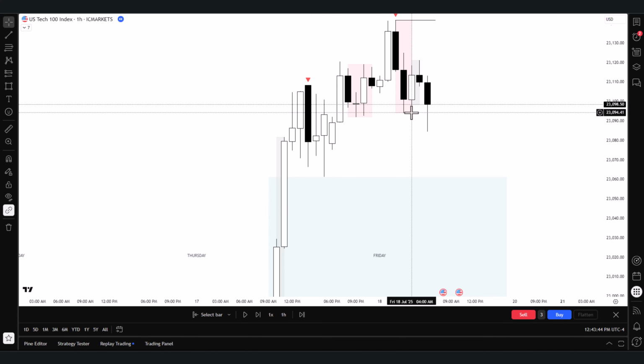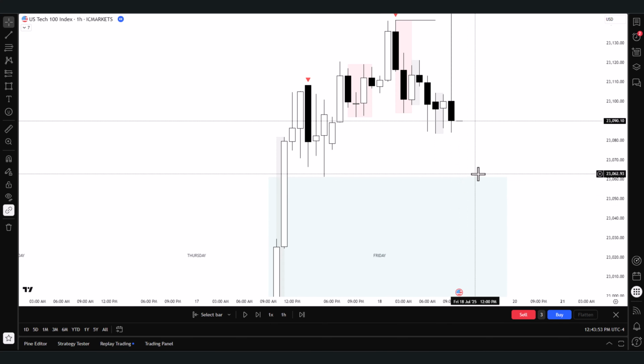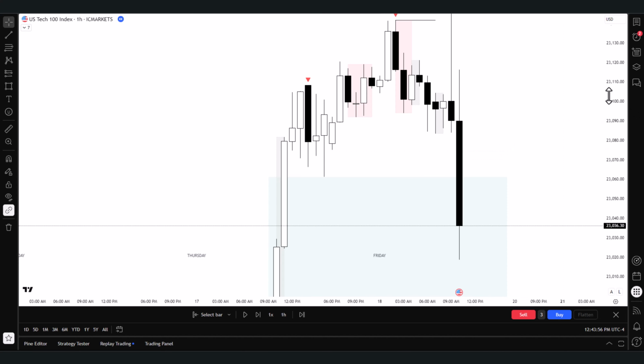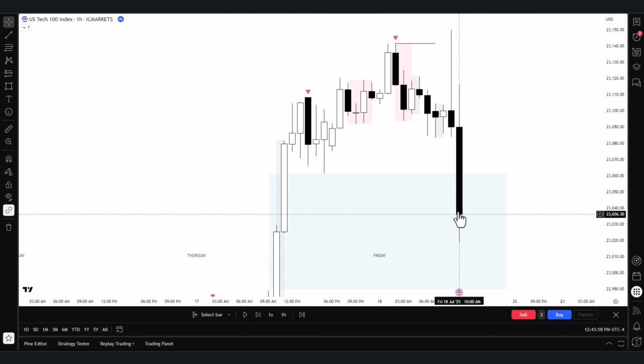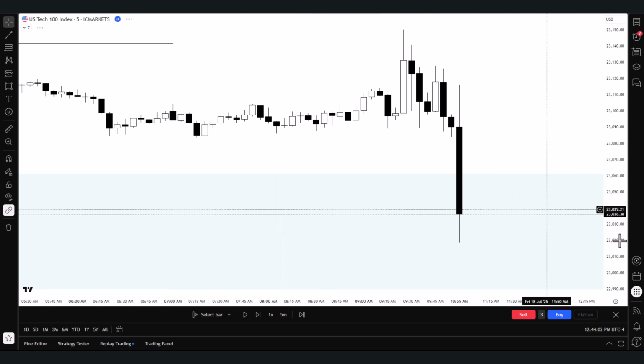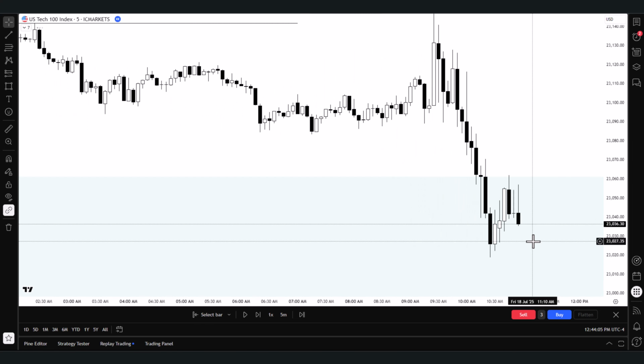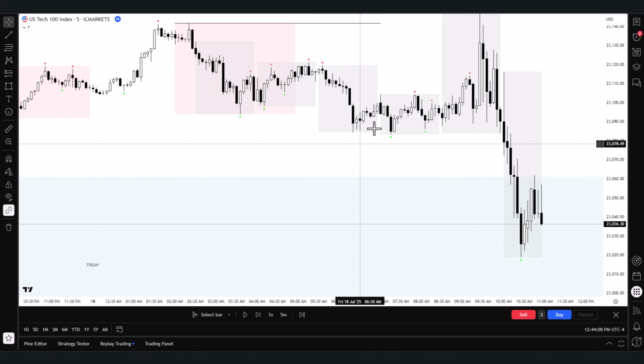Price sweeps the London low and also the Asia low. That means our bias becomes buy, but no key level. Let's do it. Price stepped into this FVG. Now let's go to the lower time frame. Where is my 90-minute cycle range?